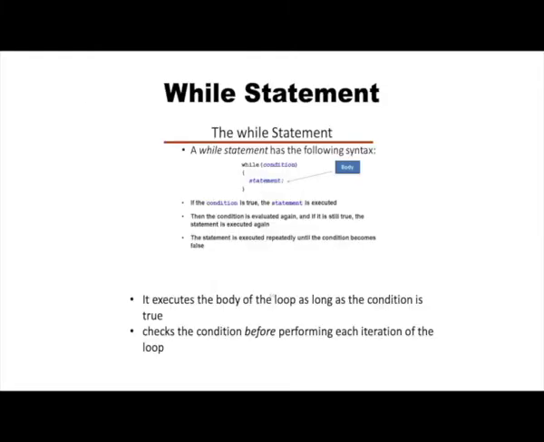Some languages also have a loop statement which performs the check at the end of the iteration, so that the loop is always executed at least once, such as the do while in C or C++ and Java. Python has no such construct, but we will see later how you can simulate such a loop.